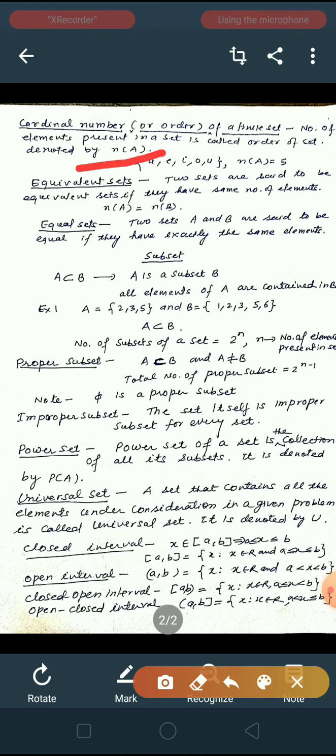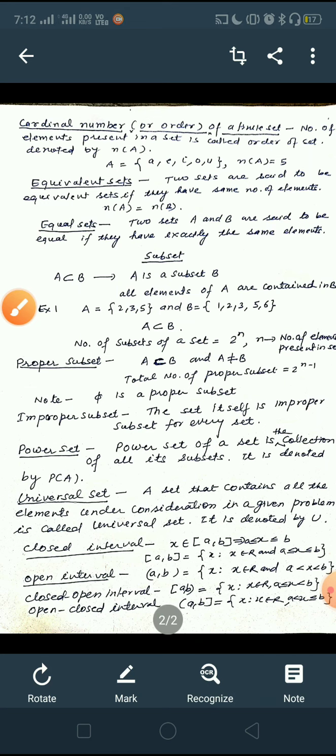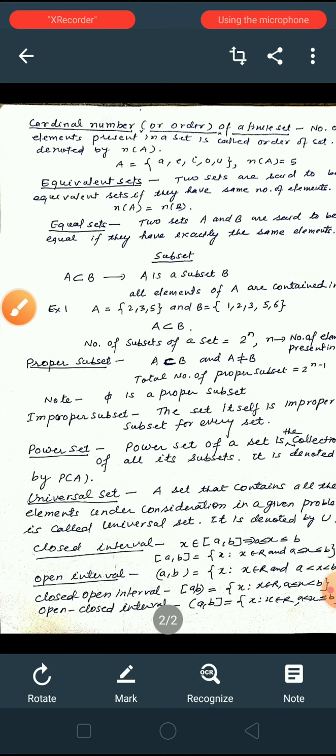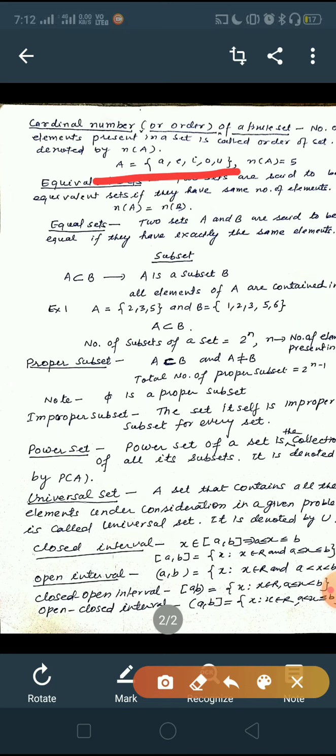It is represented by n(A), where n shows the number of elements and A represents the set. You can see the example here: set A is equal to {A, E, I, O, U}. Here the total number of elements is 5, so the order of this set will be 5. I think it is clear.